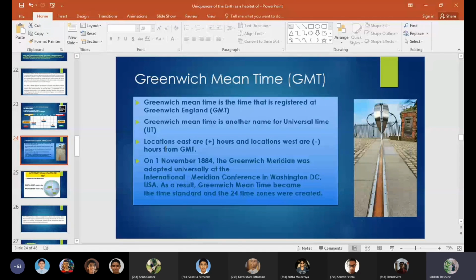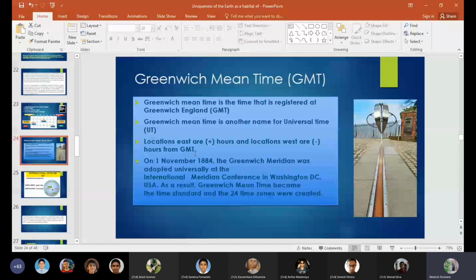You also need to remember that the countries like Africa, North America, South America are located in the western hemisphere. So the locations west decrease hours, and the locations east, countries like Sri Lanka and India, are plus hours. That's how we are going to calculate the time.